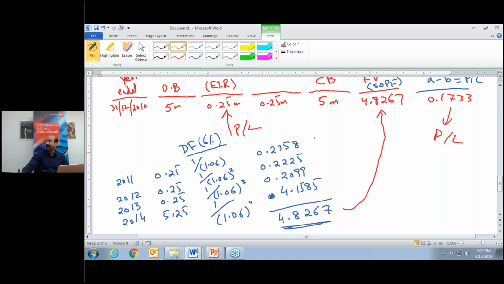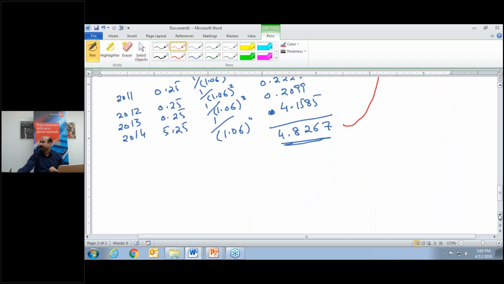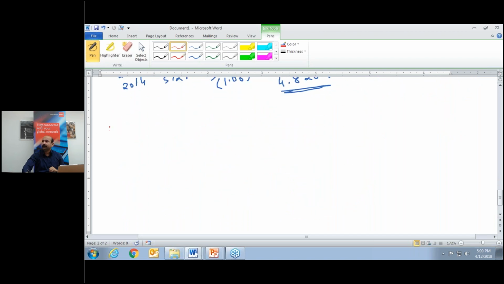Okay, if the same asset is being measured at amortized cost, then what will be the situation? So part B is, if this financial asset is being measured at amortized cost.